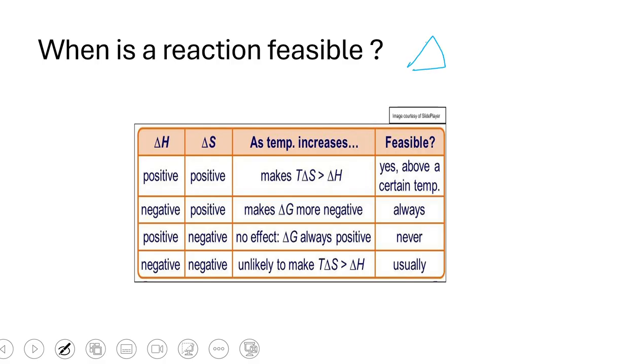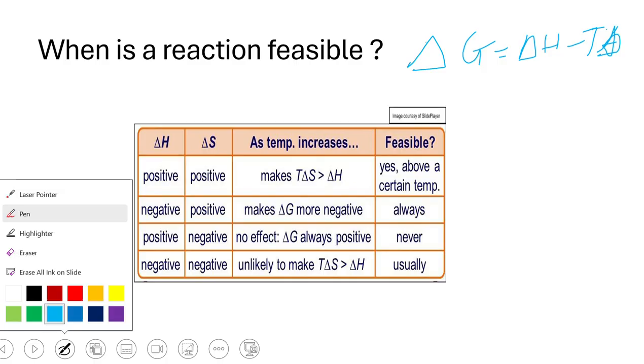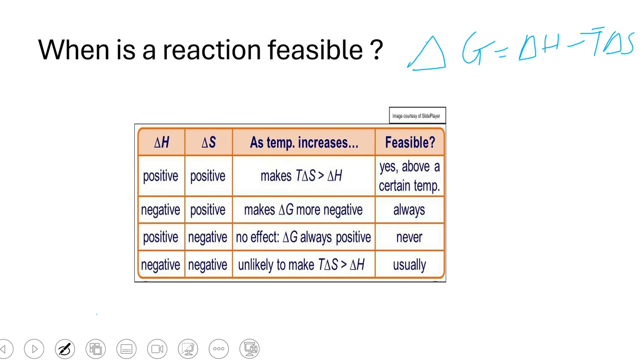The equation is that delta G is equal to delta H minus T delta S. So for a reaction to be feasible, if this is positive and this is also positive, so positive minus positive, because no matter the value of the temperature, multiplied by this will still give you a positive value.